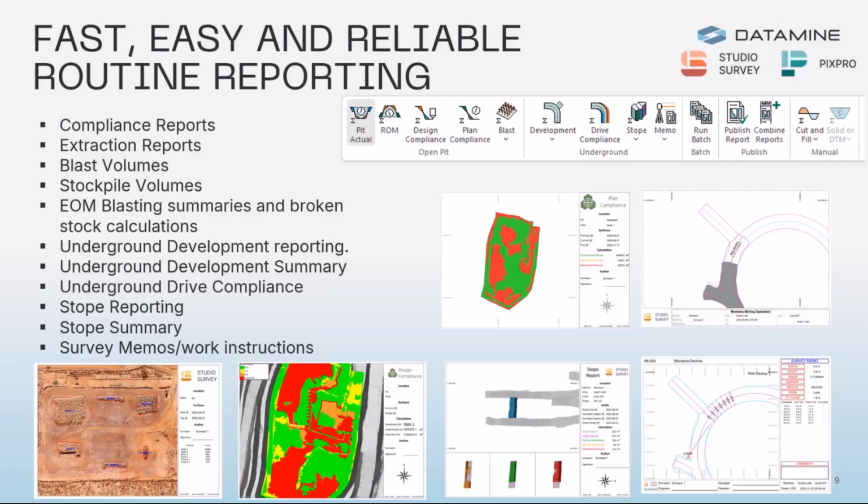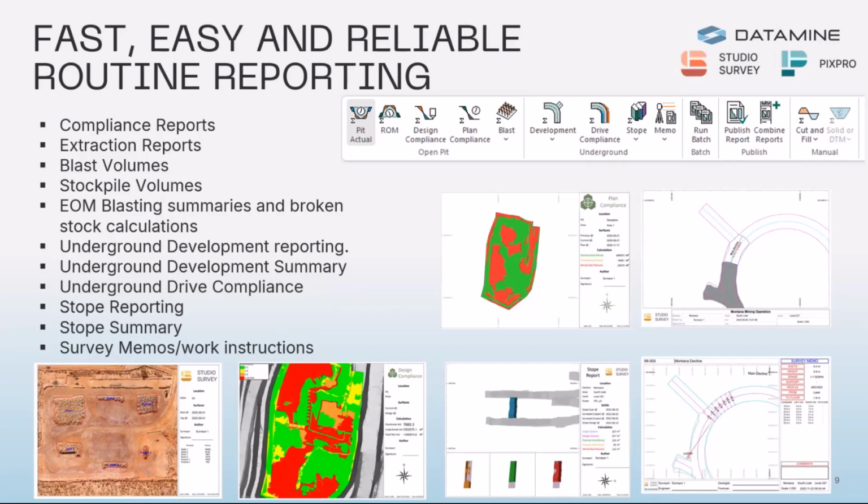So we have compliance reports for both underground and open pit. Extraction reports, we have a blast volume report, which then is stored in the database, so you can get a blasting summary, which is also listed there. That'll calculate your broken stocks and those sorts of things. Your stockpile volumes, and then we have our underground development reporting.